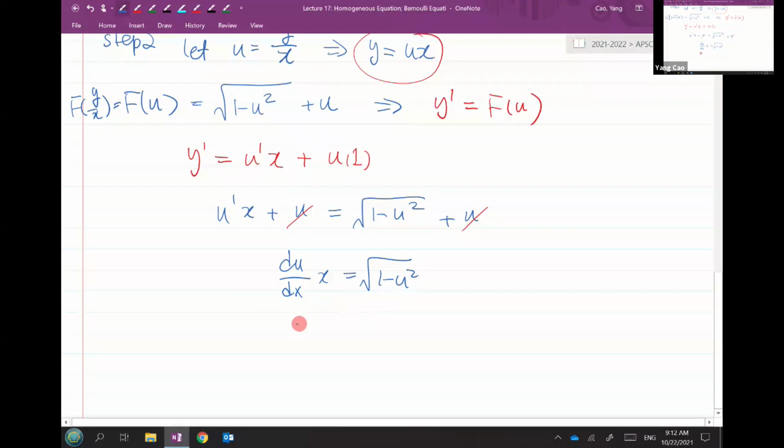Yeah. So you put all the u terms together, you move around and put all the x together, put all u together, and obviously you can separate the variables, and then you integrate both sides.